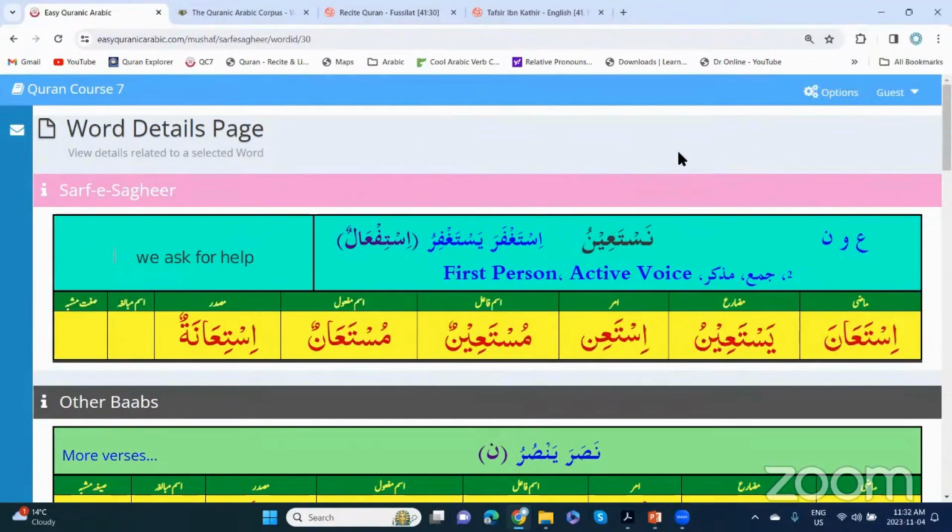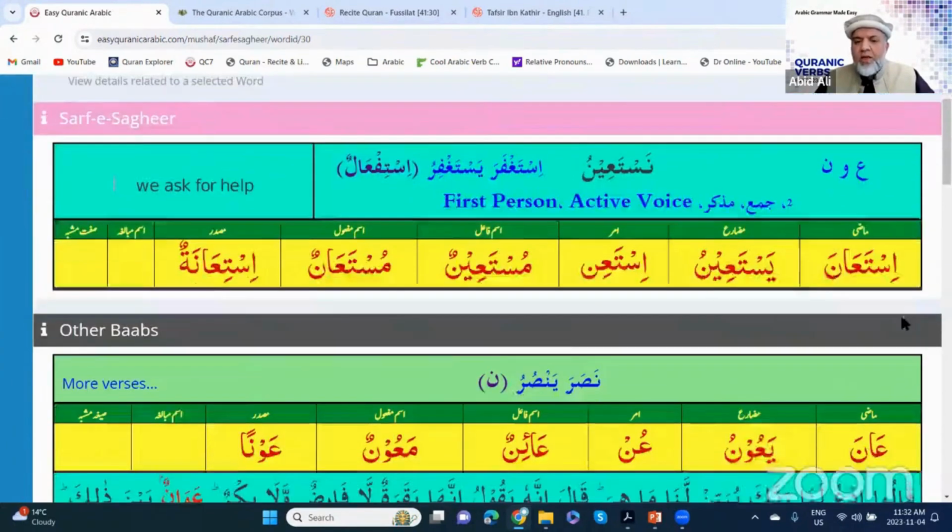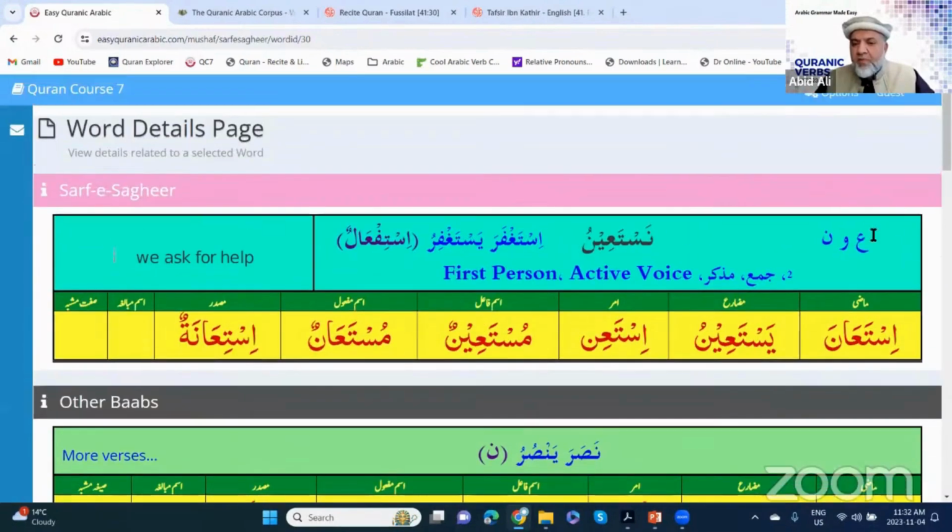Thank you very much. I use this tool because they have done an excellent job of putting this together for us, so that if I have the root letters Ain, Waw, Noon in the Quran, they can come from Bab Istifal. When we know this information from the dictionary, this is the example.